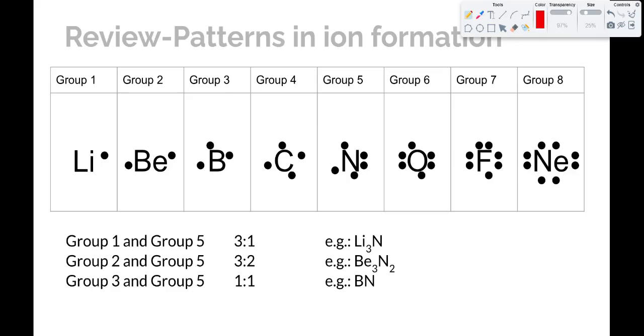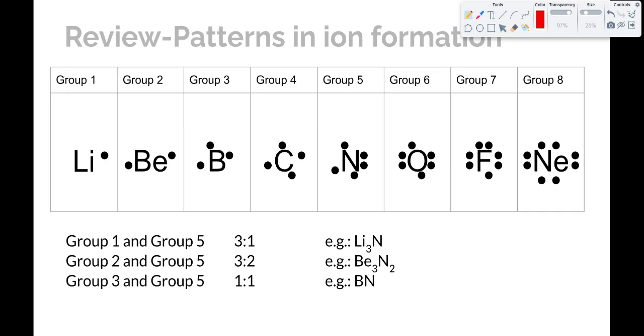Here's group 5, nitrogen's group. Each one of these is going to have 5 valence electrons, which means there's spots for 3 more valence electrons in its shell. So a group 1 bonding with a group 5, it's going to require 3 of the group 1s because each one only has 1 electron to release. So Li3N in our case.